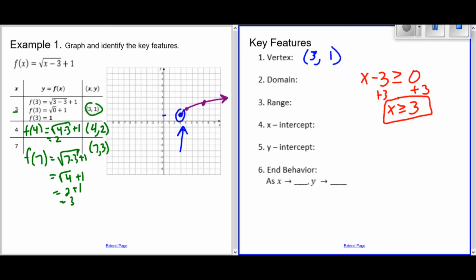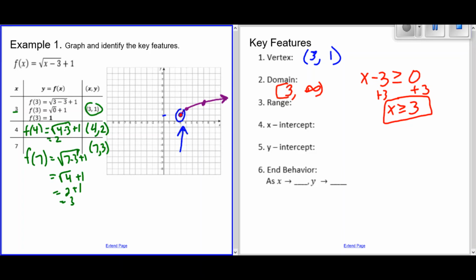You could write this as your answer, or you could write 3 to infinity, because it says greater than or equal to, which means all my other x's are greater than 3. Or you could have got that from the graph. Here's your starting point, and notice all your other x values go to the right. So 3 to infinity is how you would get that from the graph.